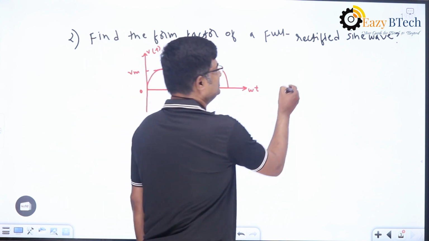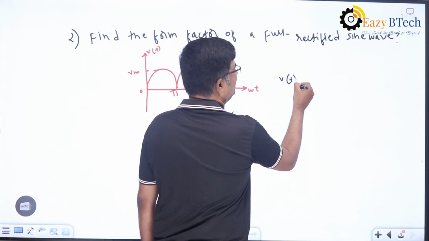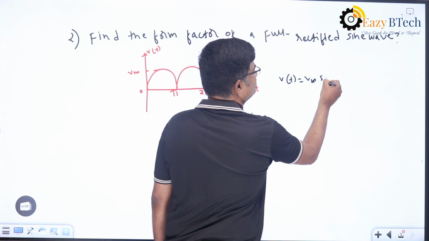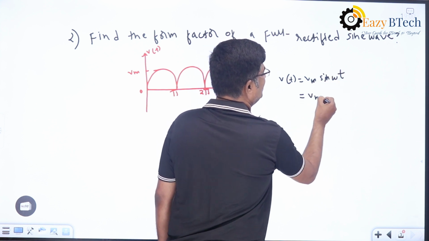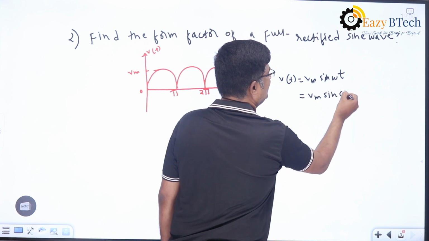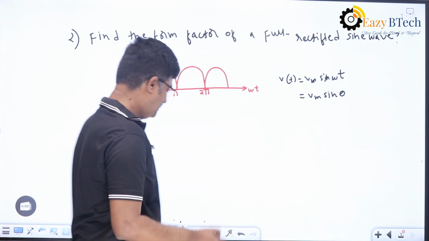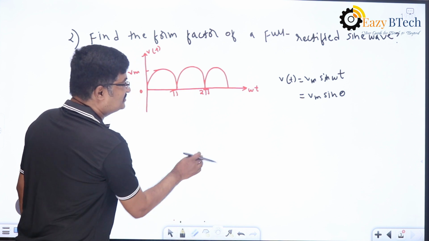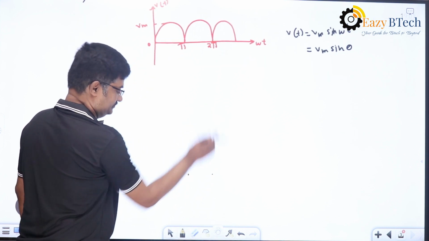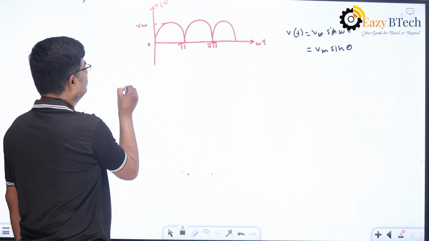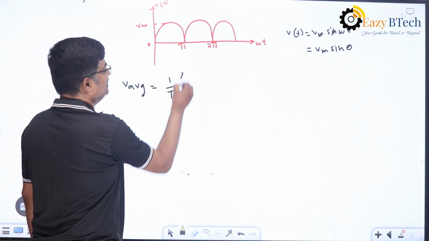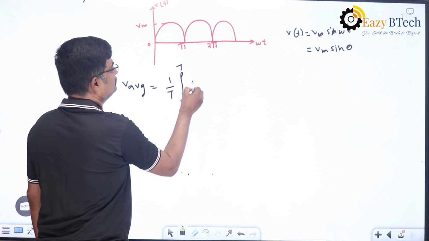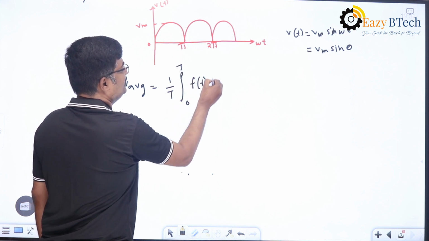So here the function which he has given is V of t is equal to Vm sine omega t, which I will be writing as Vm into sine theta. Now, according to the definition, I am having V average is equal to 1 by T integral 0 to T f of t into dt.